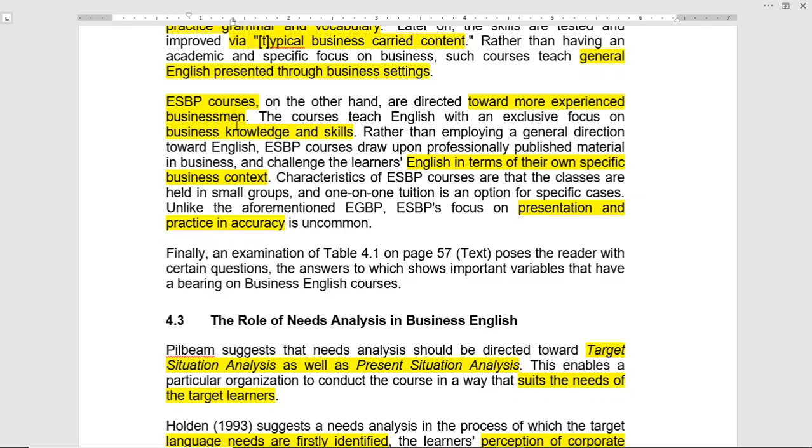So, unlike the EGBP, English for specific business purposes focuses on presentation and practice in accuracy. That is, of course, very useful for specific business purposes.